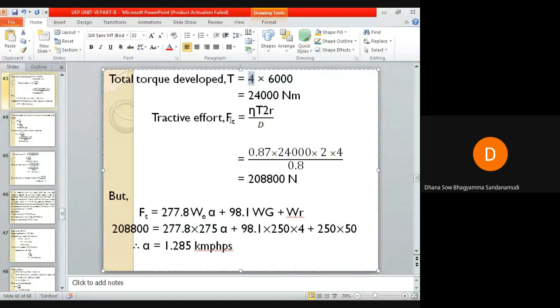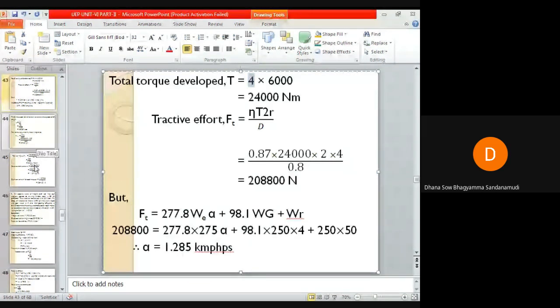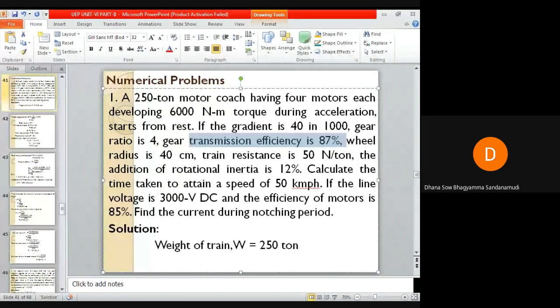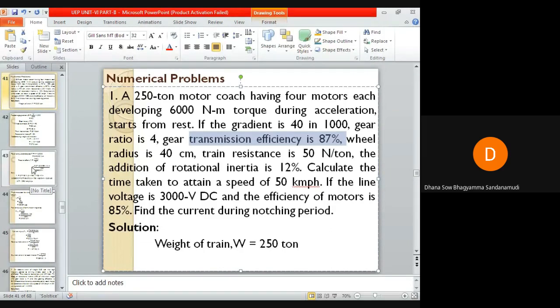Now the tractive effort formula is well known to you: eta into T into 2 into R by D. What is eta? Eta is nothing but the efficiency of the motor. The transmission gear efficiency is given, 87%.